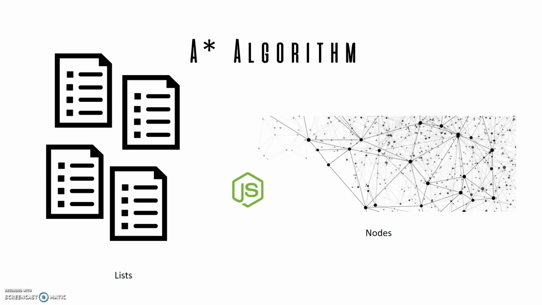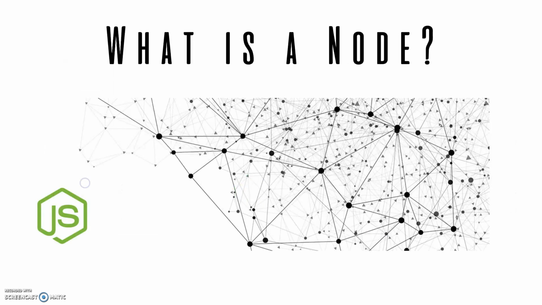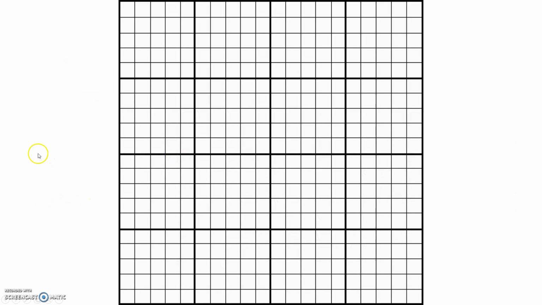And you're probably saying, oh, what's a node? Well, here's a node, essentially. We have a grid here. A node is basically any square in between. For A-star purposes, like this is a node, this is a node, this is a node. Everything's a node.